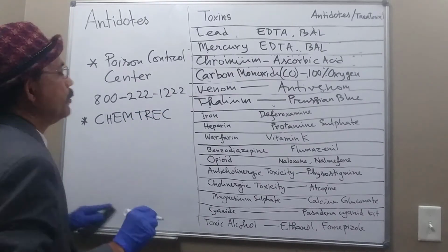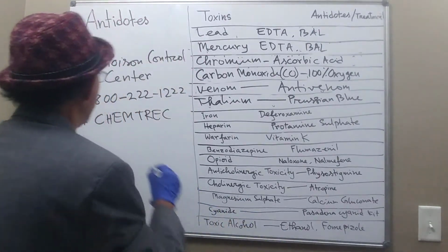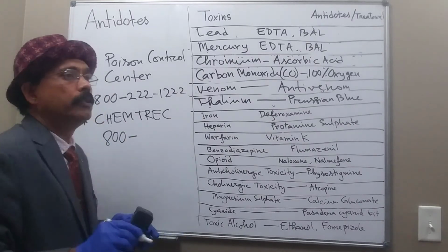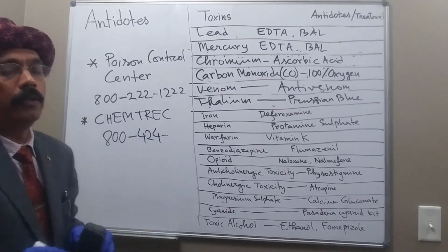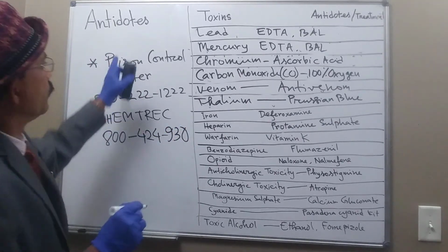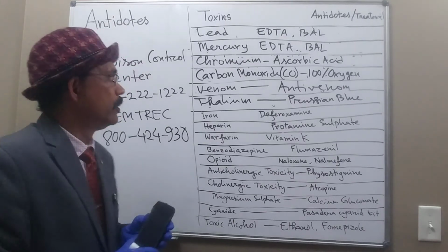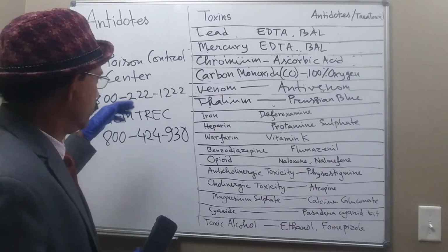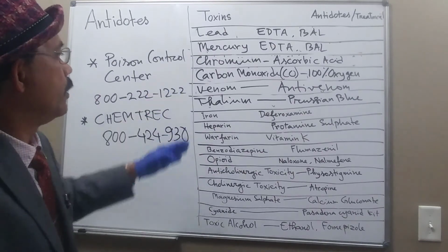These are the chemical manufacturers association. They have the telephone number 800-424-9300. So it is better to talk with an expert individual, a medical toxicologist, to get the exact way of management, the exact antidotes.